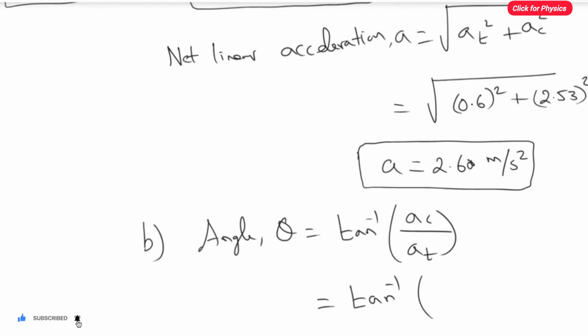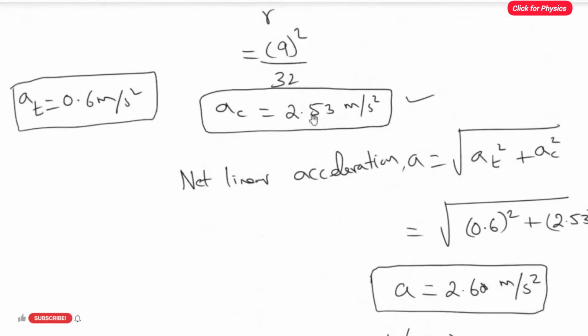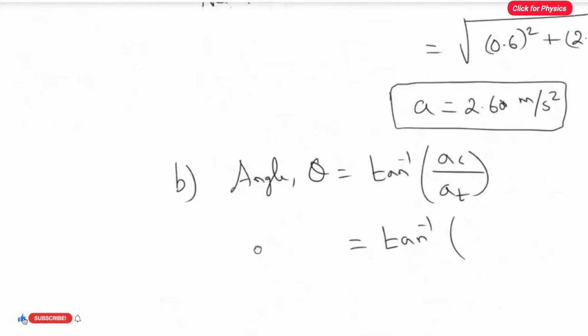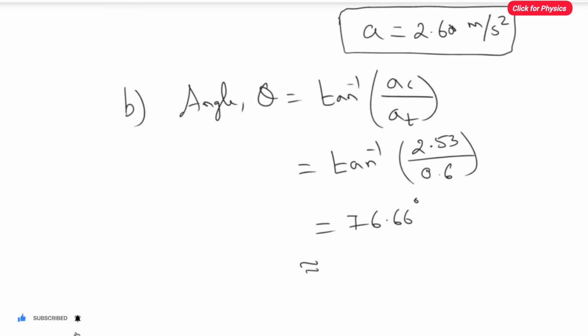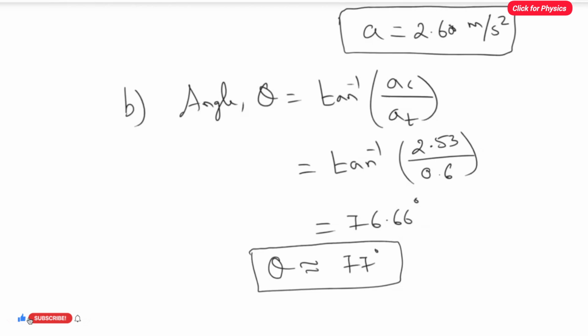The centripetal acceleration we just found is 2.53, divided by the tangential acceleration, which is already given in the question as 0.6. I got the answer here as 76.66 degree. If you want, you can just round it to 77. So the angle theta is 77 degree. So this is the answer for part B.